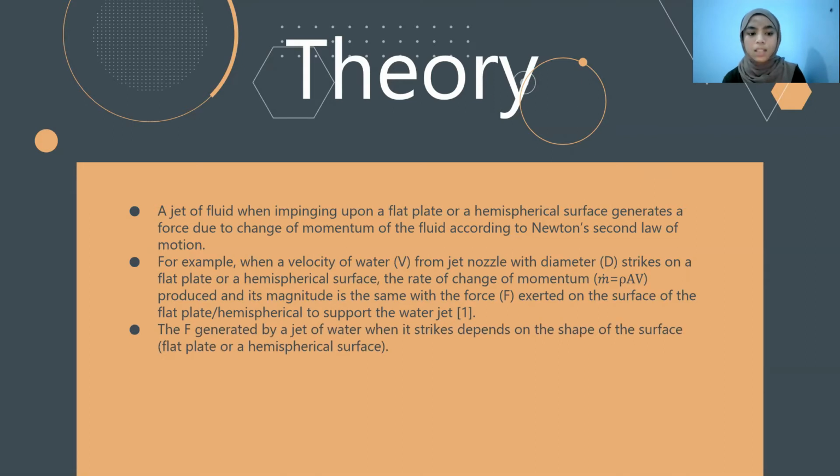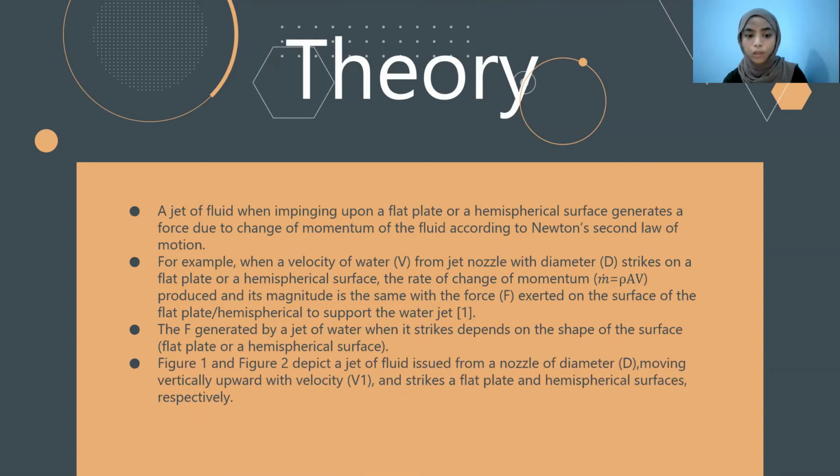Okay, next, the force generated by a jet of water when it strikes depends on the shape of the surface. So basically, the force generated depends on the shape, whether it is flat or hemispherical.